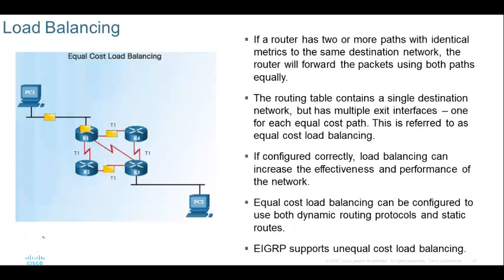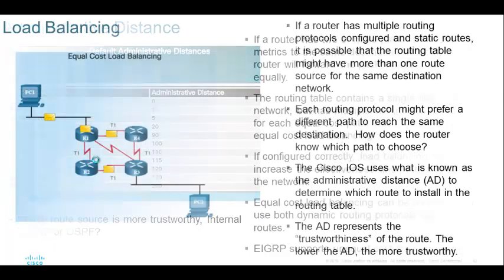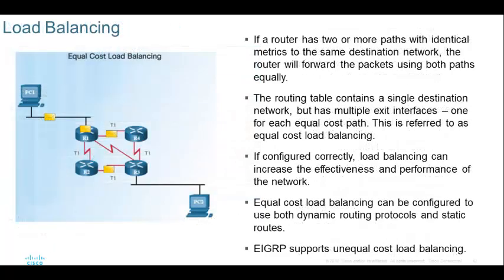But assume this is also T1. But the traffic will go this way only. Why? Because this is also T1 and there is only one link. Only one link. Here it is T1 plus T1, 2 links. 2 links, more costly. So it will go this way. Packet will go this way.